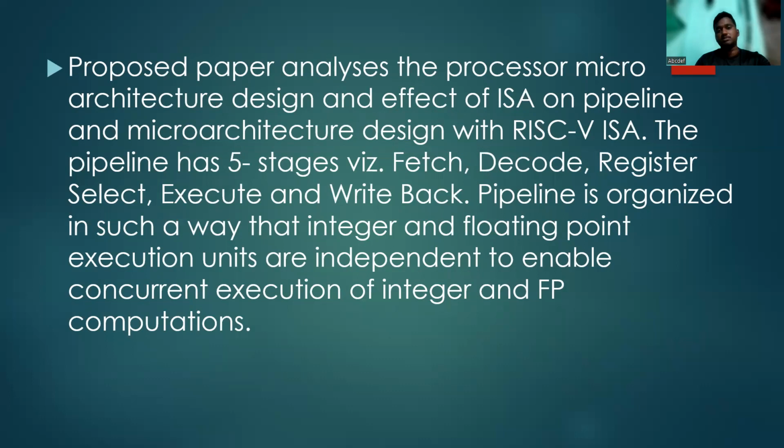The proposed paper analyzes the processor microarchitecture design and effect of ISA, pipeline and microarchitecture design. The RISC ISA pipeline has 5 stages, namely, first one is fetch, the second one is decode, the third one is register, the fourth one is execute, and fifth one is write back.